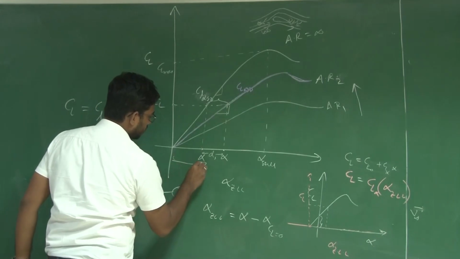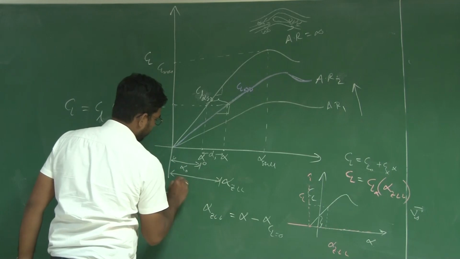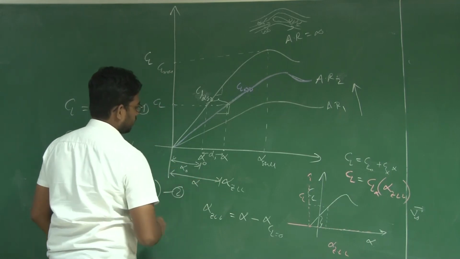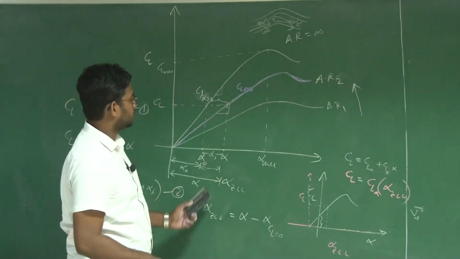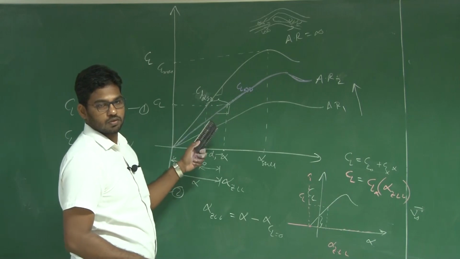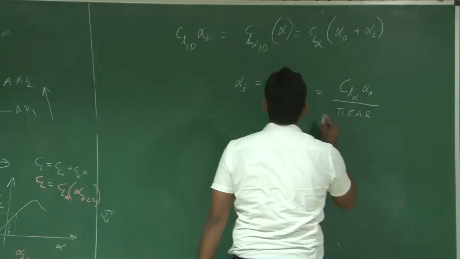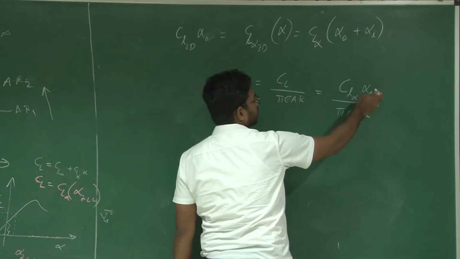This is your alpha naught. This is your alpha, so this is the induced angle of attack. This induced angle of attack is changing the slope of the 3D and 2D curves. So this CL I can achieve from the airfoil as well, from CL alpha into alpha naught.